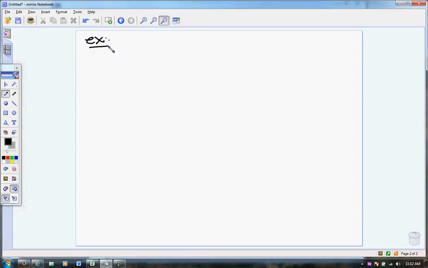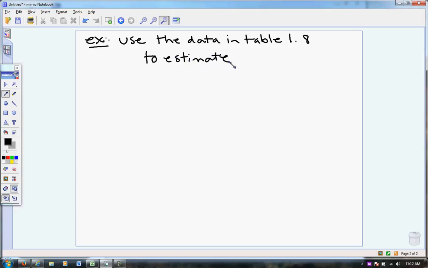Let's use the data in table 1.8 to estimate the United States population.